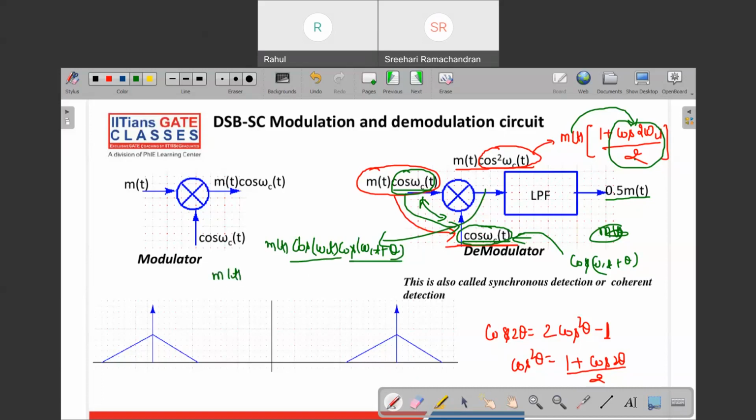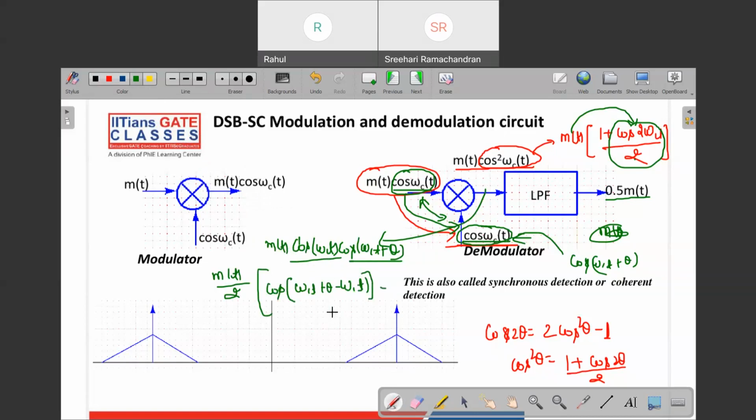So m(t)/2 times cos((ωct + θ) − ωct), that is cos(A − B), and there will be a minus cos(A + B) term.